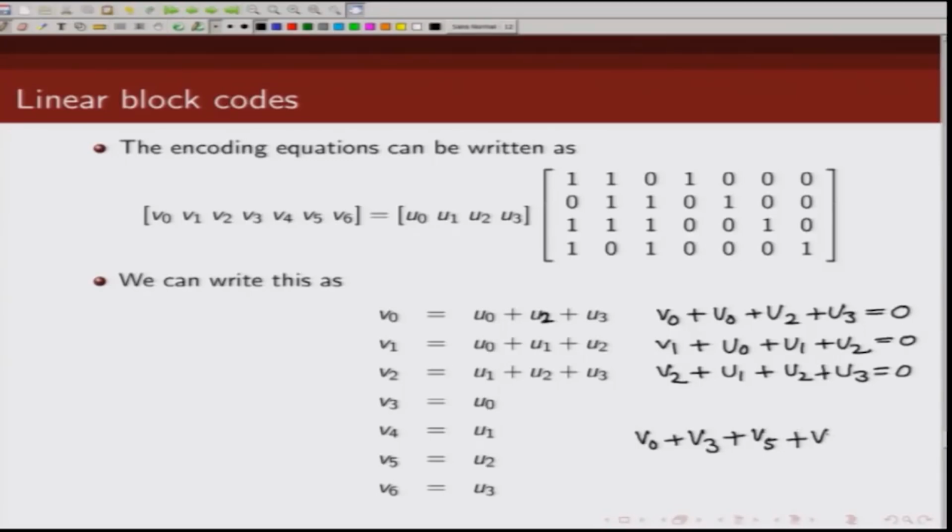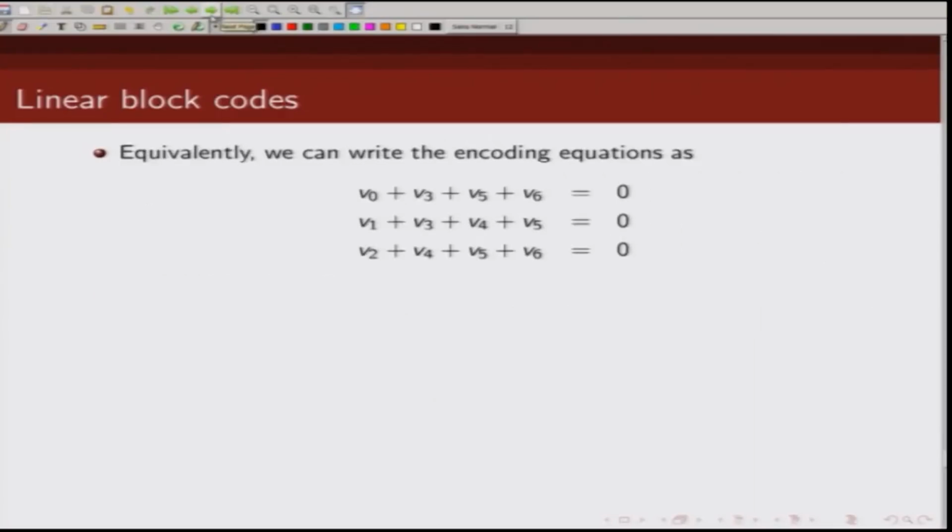It is V6. So V0 plus V3 plus V5 plus V6 is 0, and that is what we have here.